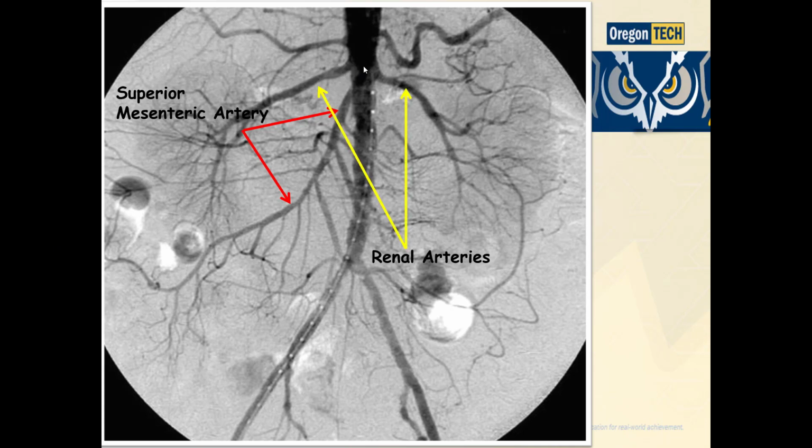Now the SMA is up here, but here's the left renal artery, and I'm going to circle here. You can see the left kidney. Here's the right renal artery and the right kidney right here. And then we have the inferior mesenteric artery that comes down through here.